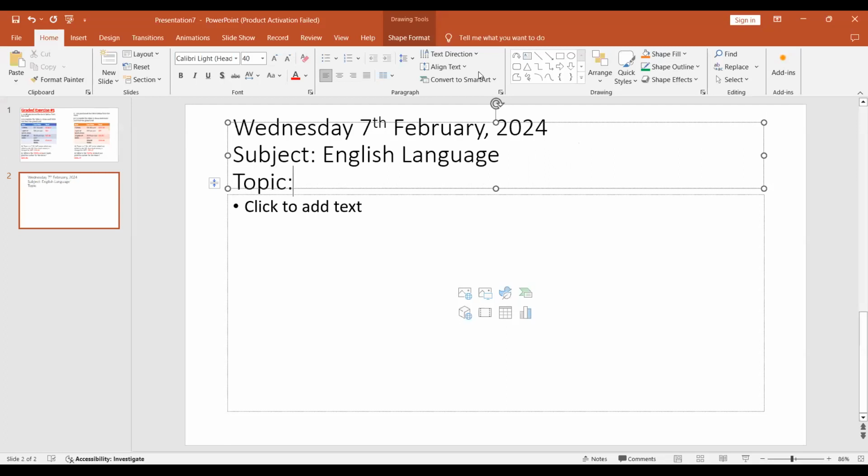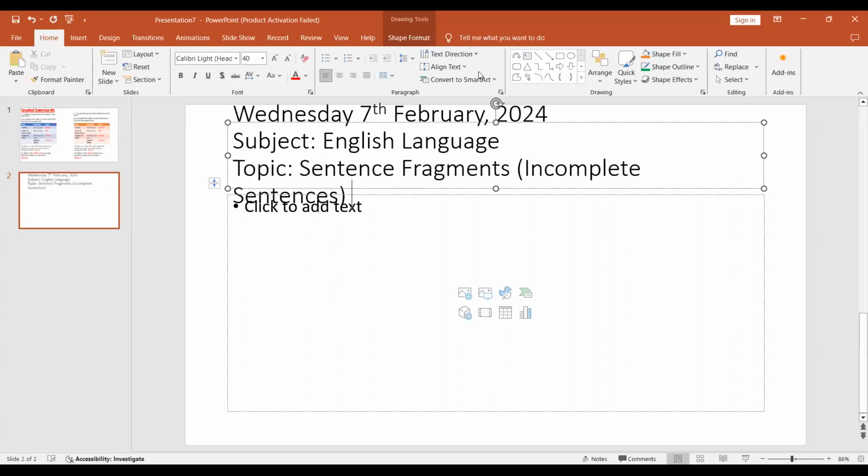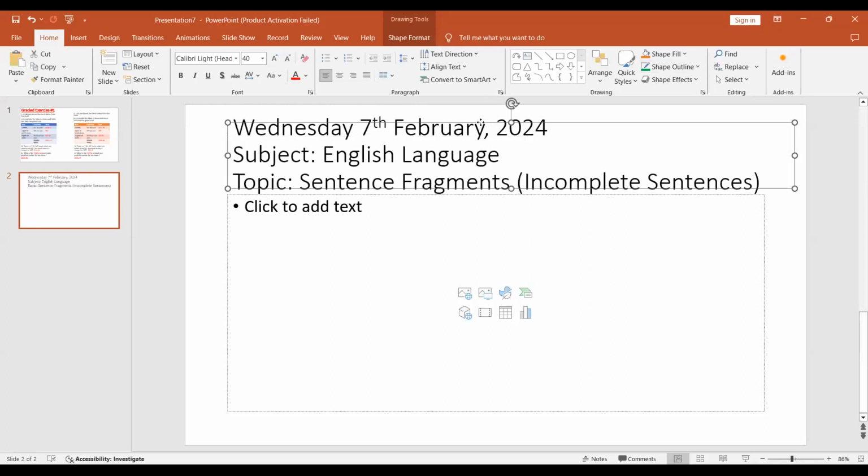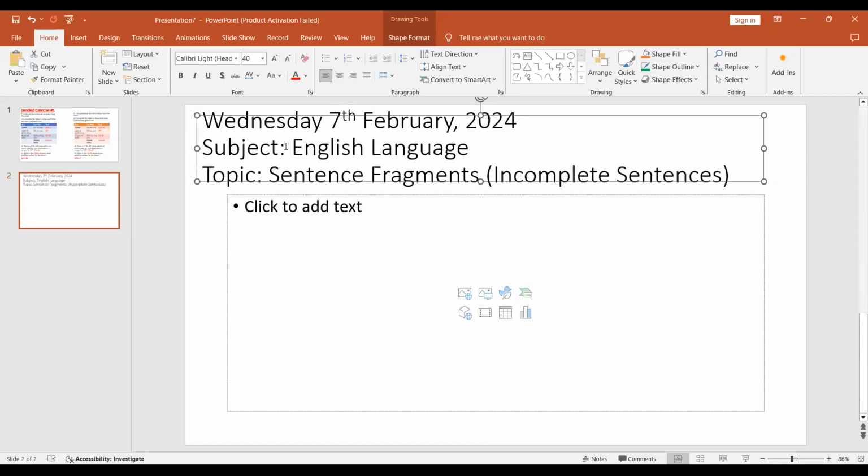So today we're going to be looking at sentence fragments, or incomplete sentences. Now, some of you have already done this before. In fact, I know we have done this before. But some of you have not done it, so we have to go over it. And for those of you who already know it, this is good review.